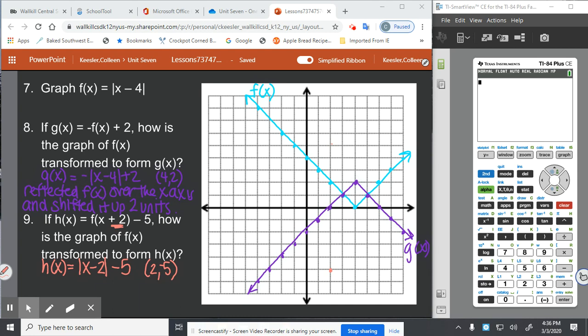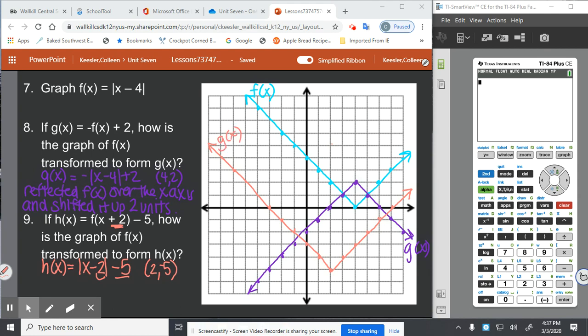Remember that when you're looking at vertex form, it's the opposite of this one, but it stays the same as this one. And our slope stays as positive 1. So we're going up 1 over 1 in both directions. And we're going to label that h of x.